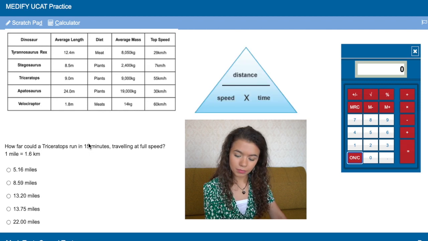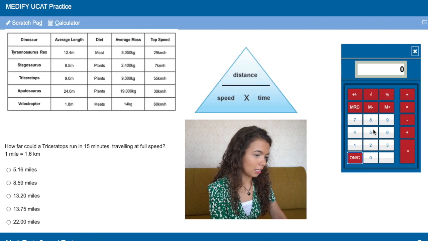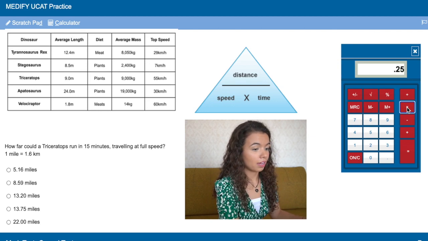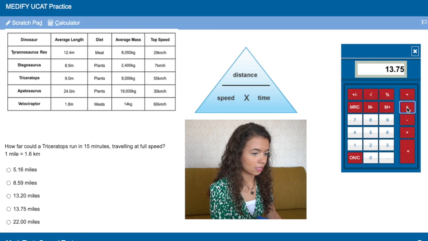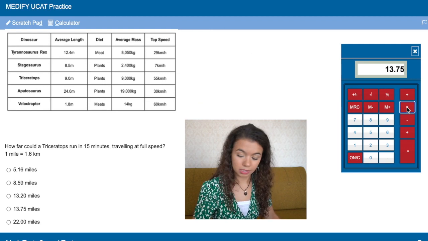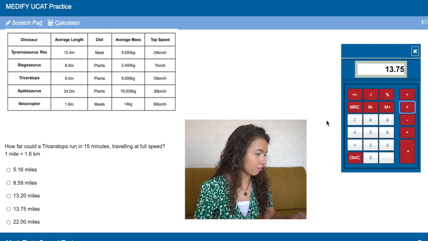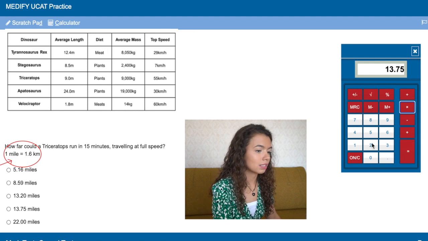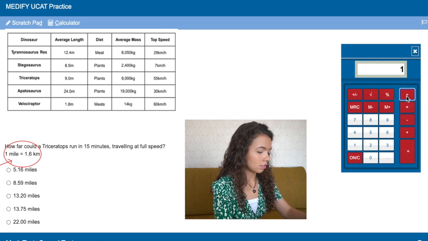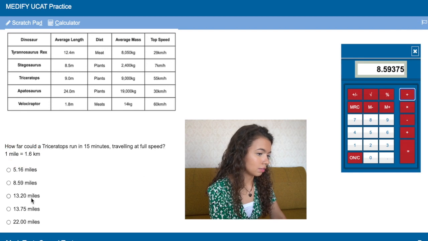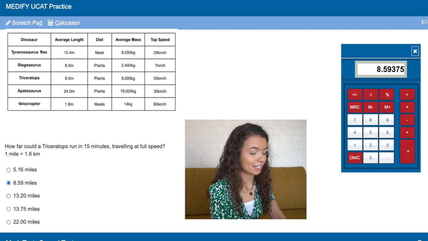So what we're going to do is speed, so 55 times a quarter, which is 0.25, and that gives us 13.75 kilometers. If we want to convert that into miles, you just divide that by 1.6, which gives us 8.59 miles, which is the second option here.